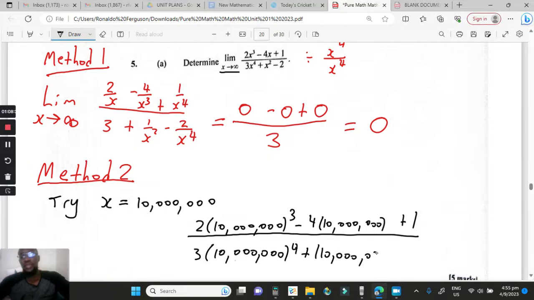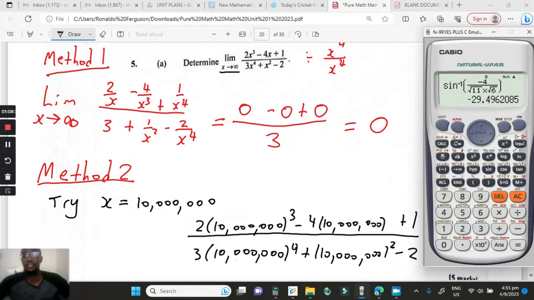Hopefully you're using a good calculator that can give you an idea. If the calculator can't give you an idea, use a number like 1000 then. So let's see if my calculator can give me a good idea. I said I wanted to use 10 million. Is this 10 million? 1, 2, 3, 4, 5, 6 zeros. Need one more. This is 10 million right there.